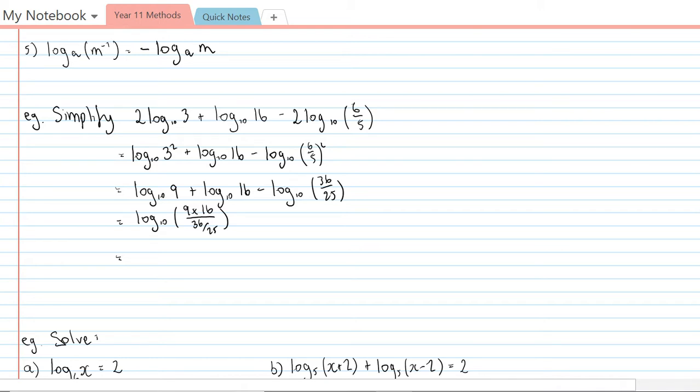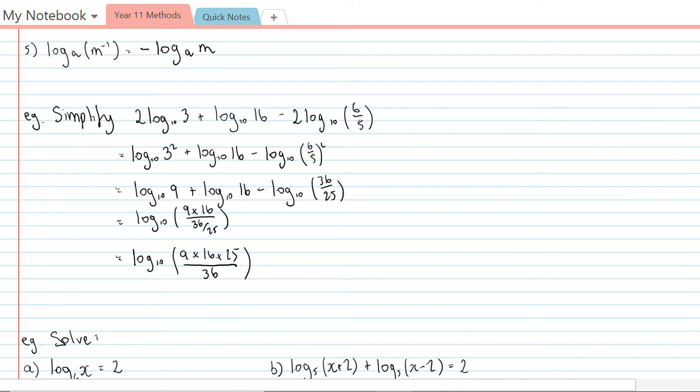This is a number divided by a fraction. So the number in the denominator of the denominator, so 25, can actually move right up to the top. So log base 10 of 9 times 16 times 25 divided by 36.